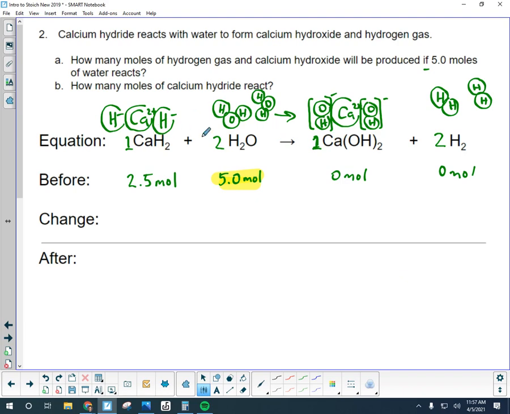So I'm using the 1:2 there to figure out the smaller amount here. The 1 needs to be 2.5, and the twice as much amount is 5.0. In the reaction, both of those are going to be converted completely. We'll assume that's true at first. That won't always be true going forward.